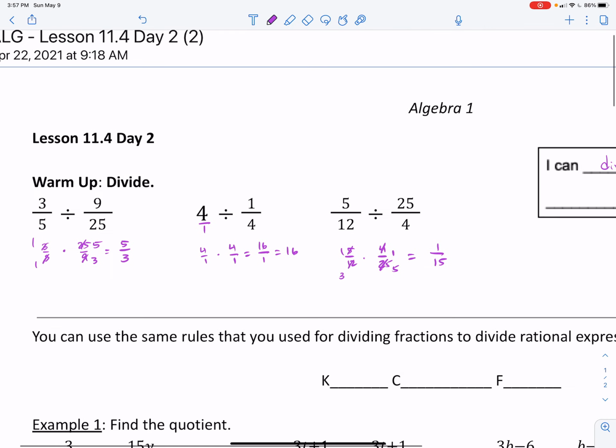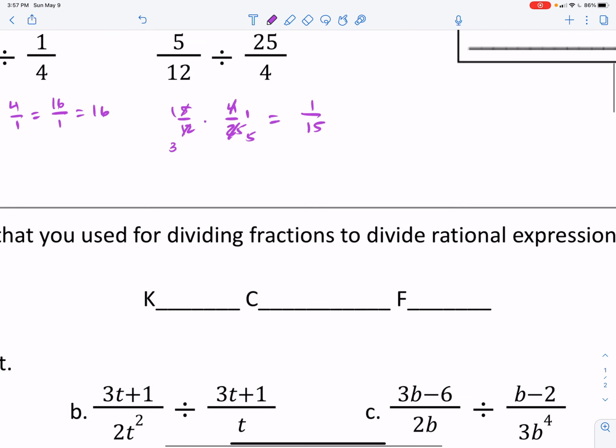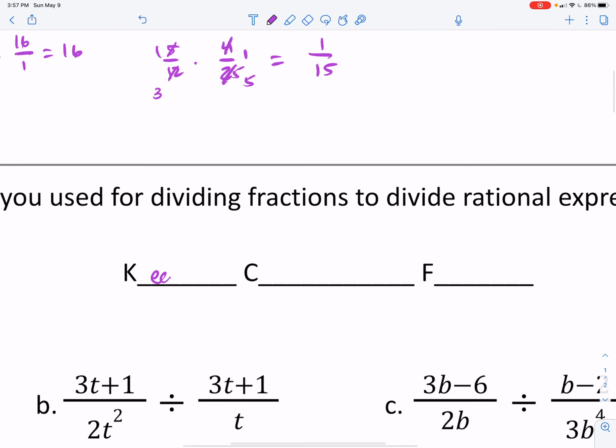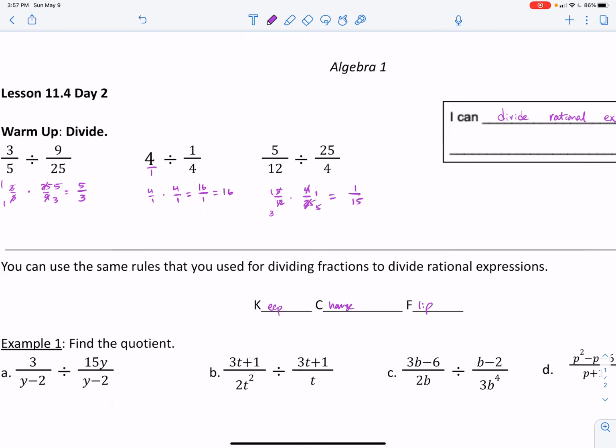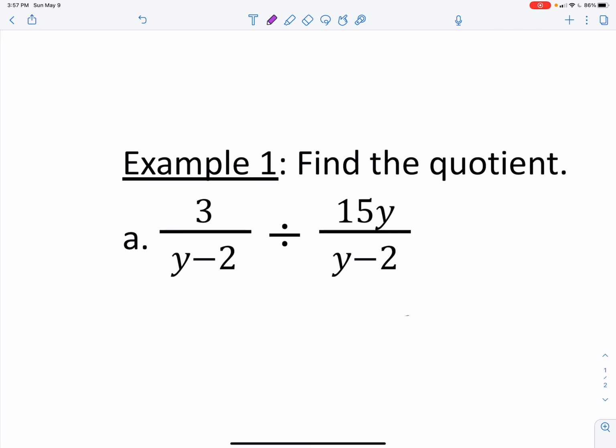Okay, so you're using the same rules that you use for dividing fractions to divide rational expressions. You're still going to use keep, change, and flip. It's only a half step more than what we learned on a previous day with multiplying.